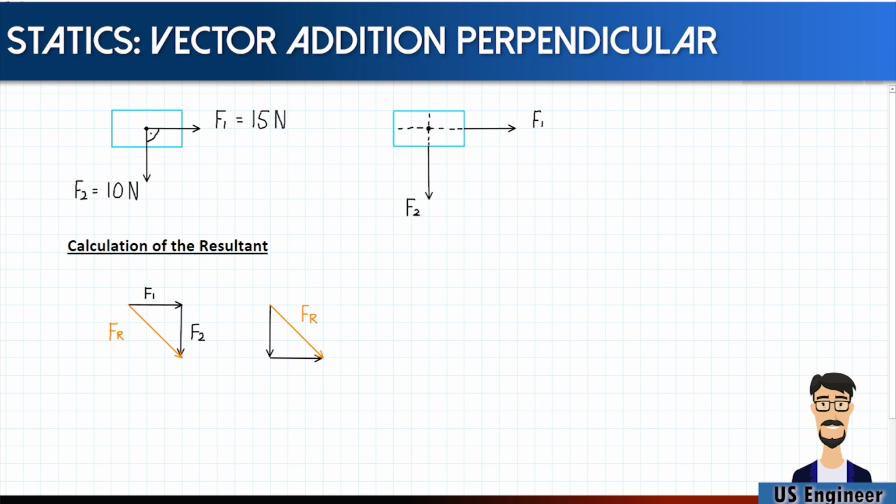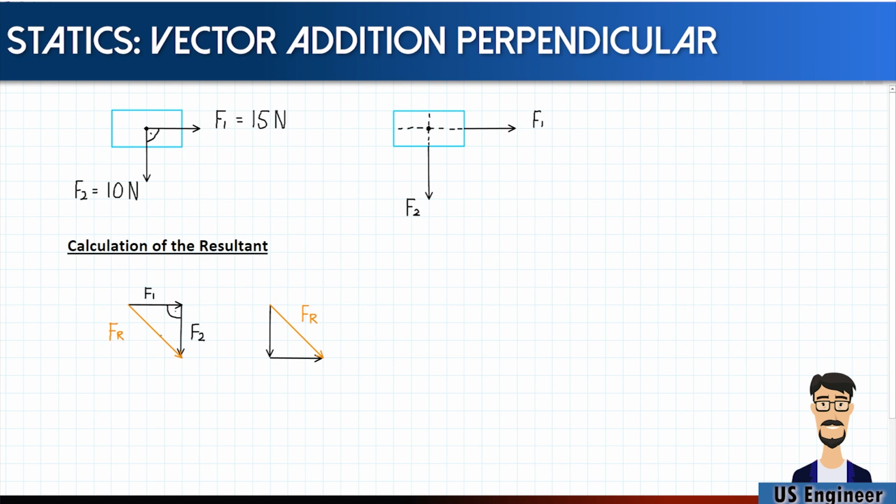Now, remember, our objective was to calculate the magnitude of the resultant force vector, FR. And if you look closely, you will notice that the three force vectors represent a right-angled triangle, where the right angle is here between the two forces F1 and F2.